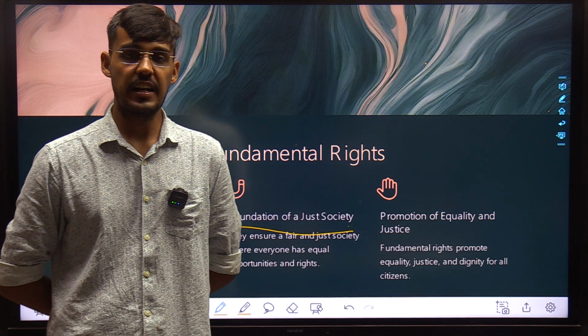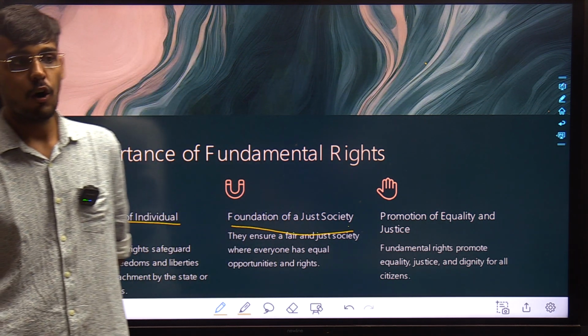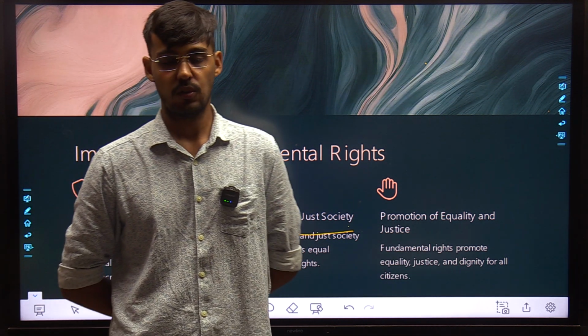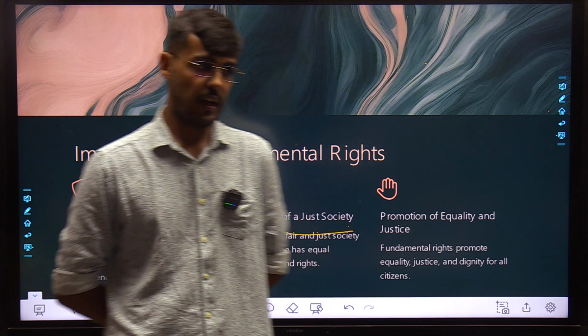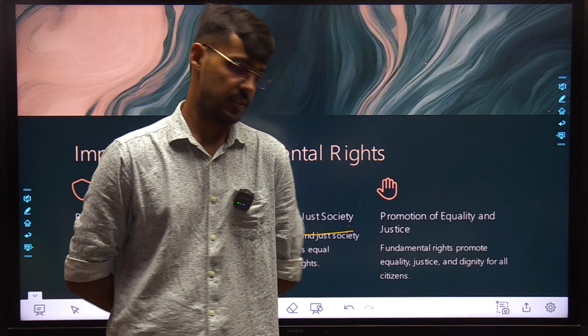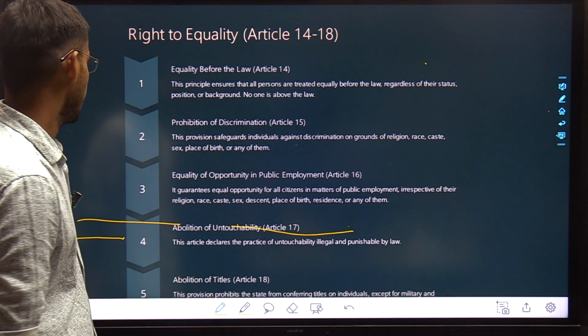There is no special treatment given to anyone. All the citizens of this country are equal in the eyes of law. This is the meaning of equality. And you must also be knowing the meaning of justice, which I have already discussed.